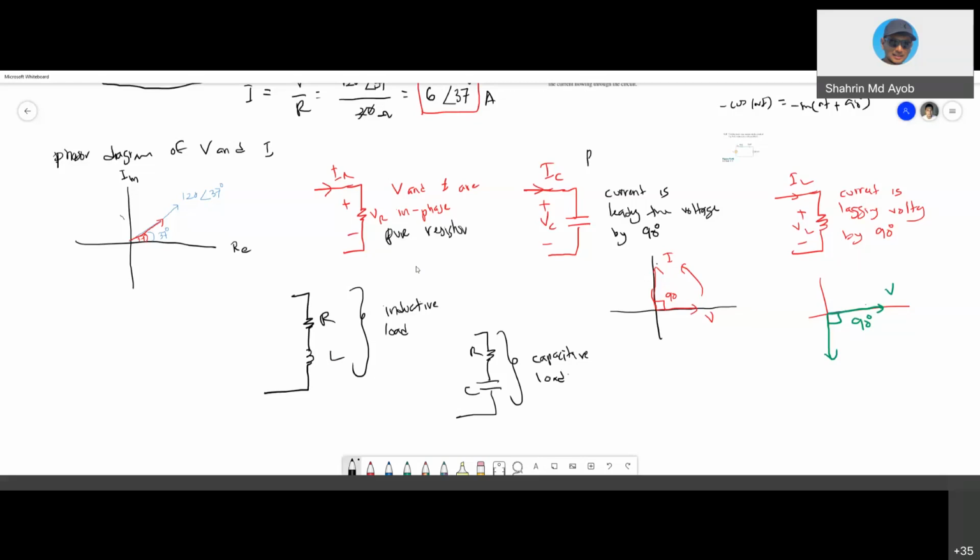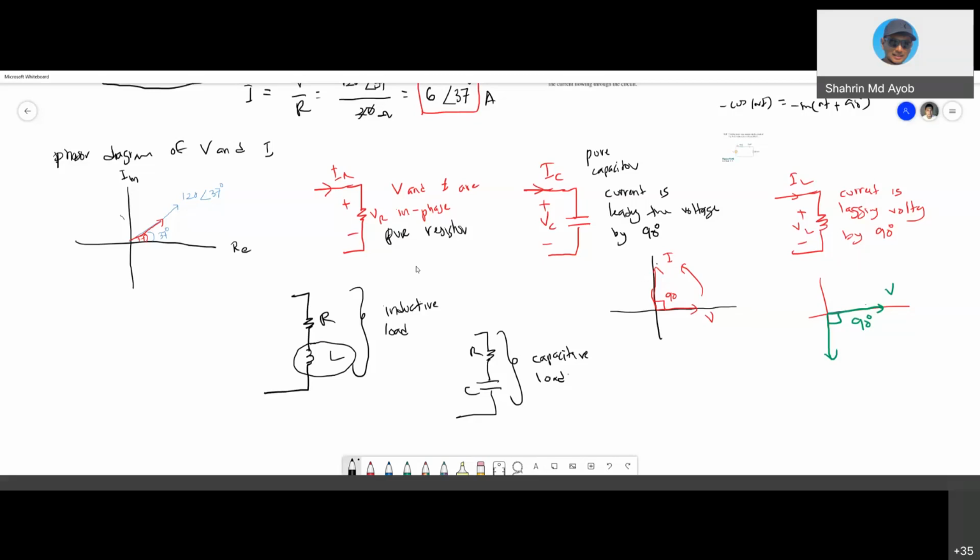This one is pure capacitor load. And this one is pure inductor load. If you have a combination of R and L, we call this an inductive load because it has an inductor effect here. And if you have R and C, this one we call capacitive load.